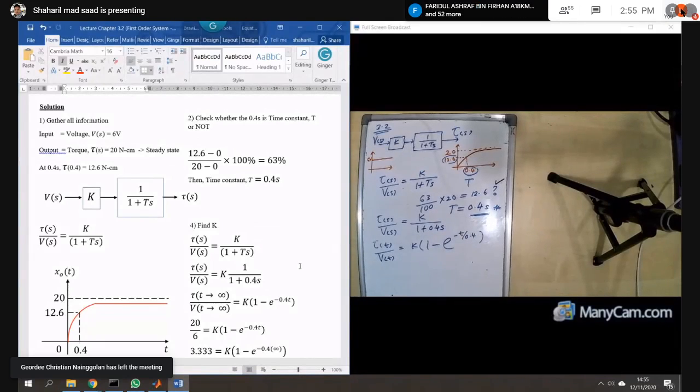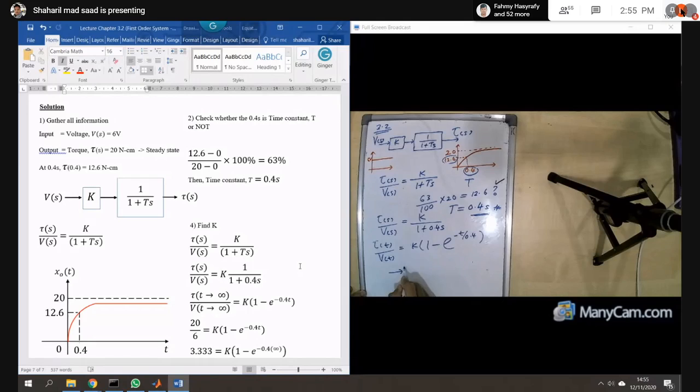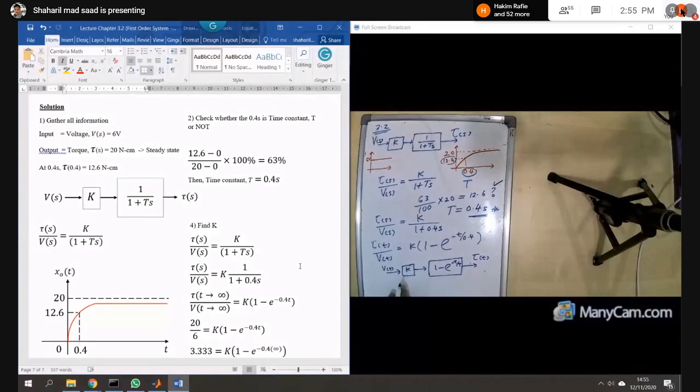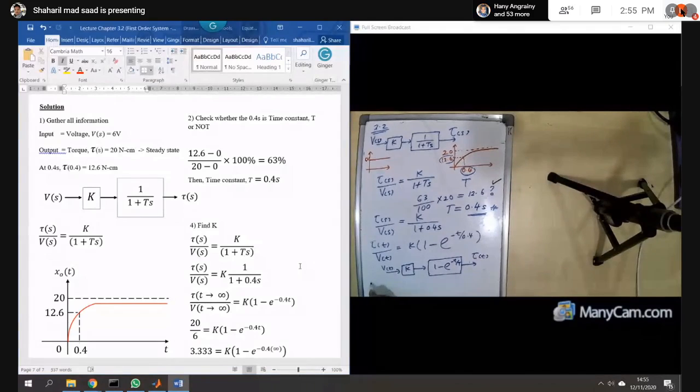So how can I get this equation? Remember the general equation: K times 1 minus e to the power of minus t over τ, in the time domain. Let's say t goes to infinity.